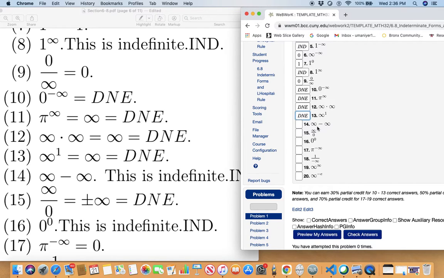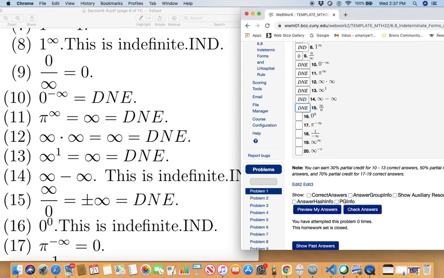That's not indeterminate. Infinity over 0. Well, so the fraction is getting very large. Numerator is very large, denominator is very small. So the fraction is very large. So that is what it is to say does not exist.